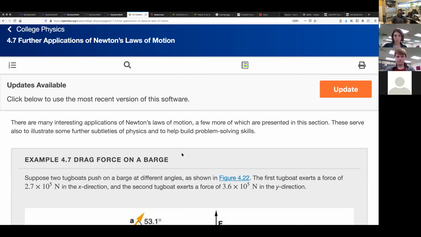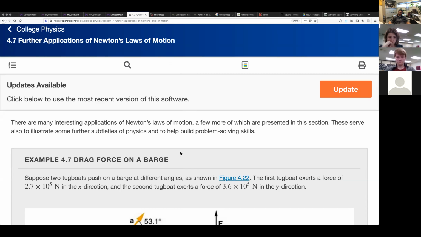Drag is the same thing as friction, except instead of just being a single contact force, it's usually what we use when we talk about fluids. It behaves by a slightly different rule in general in physics, so that's why we treat it differently.